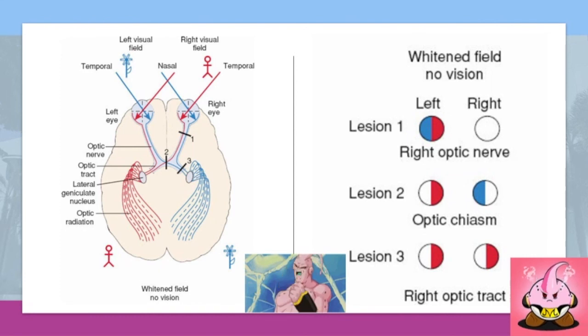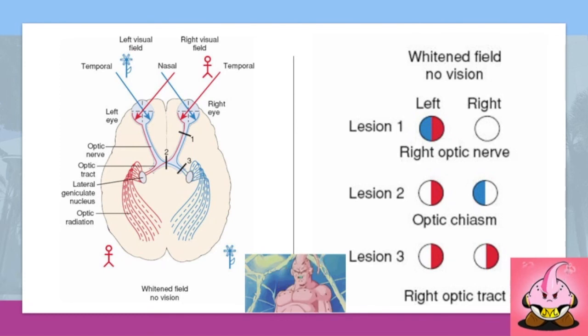On the other hand, if the problem is in the optic chiasm, remember the optic chiasm is the part where decussation occurs. When I say decussation, that is the crossing of our nerves, or your cranial nerves. If the problem is on the decussation, what would occur is that your left eye will be able to see the right visual field.